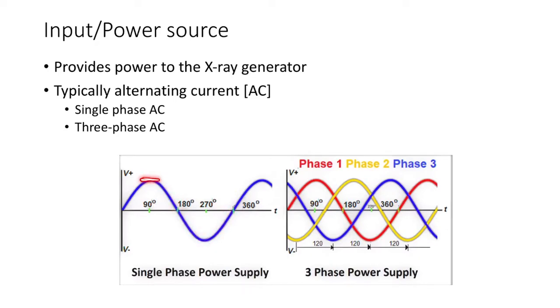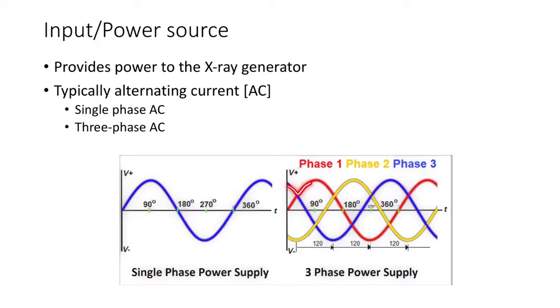Now, how can we try to stay as much on the peak as possible? This is the reason why we have three-phase electricity or three-phase alternating current. So you might notice as the blue signal is descending, the red signal is rising. And when the red signal begins to decrease, the yellow signal rises. So effectively what this means is our machine will be operating very close to the max.